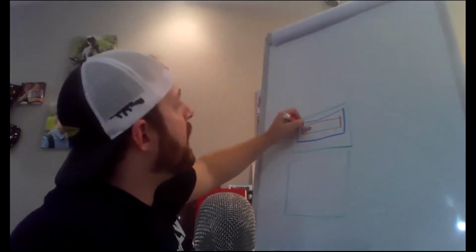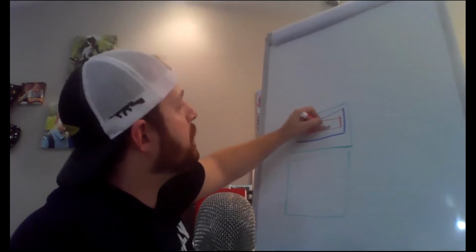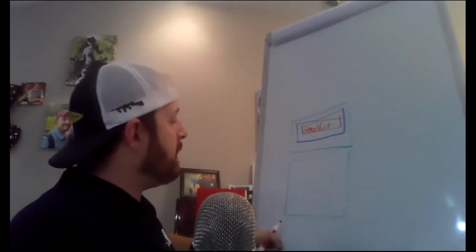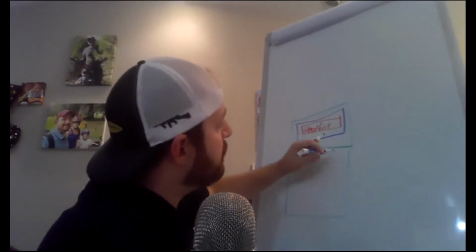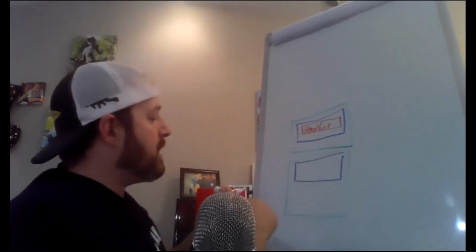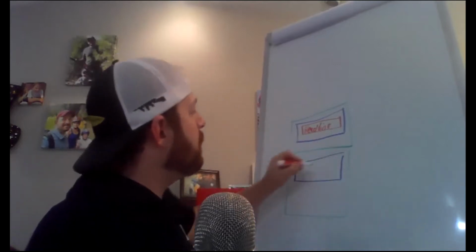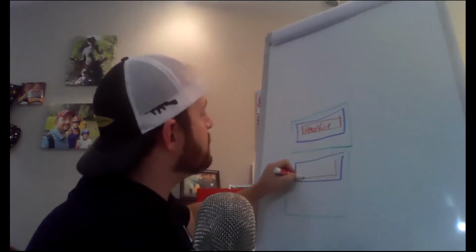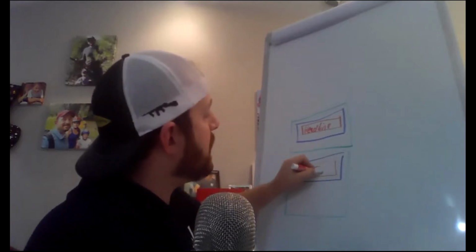So here's a headline element, okay? Here we're going to add a new row down here, okay? And inside this row, let's say we want to add our YouTube video. Well, the YouTube video is a separate element, okay?